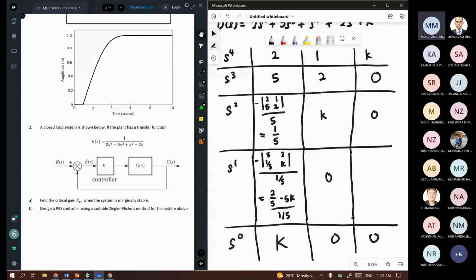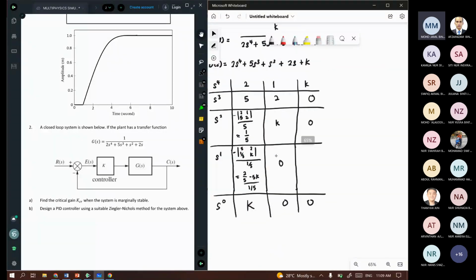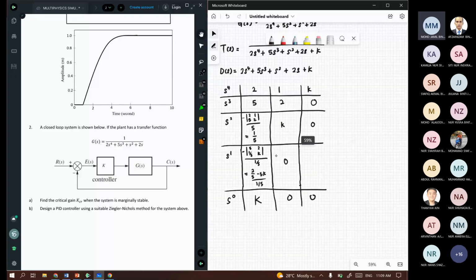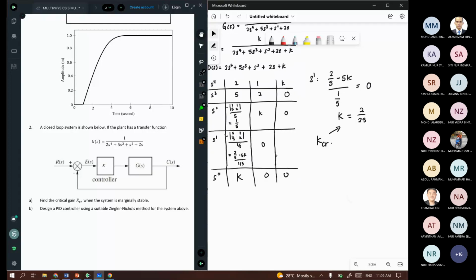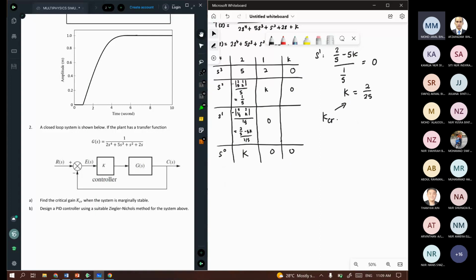Okay, so after you generate the Routh array table, you use the row S1 to determine the critical gain KCR. Okay, so this is the value of KCR. Then from here, you need to determine the period of oscillation. So you use the row S2 to determine the j omega axis crossing.